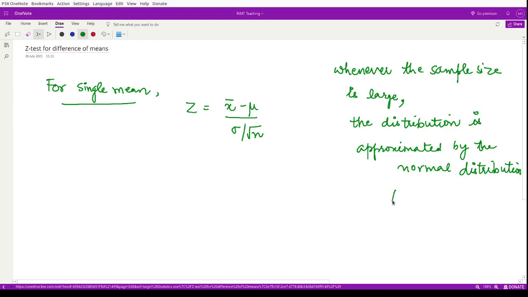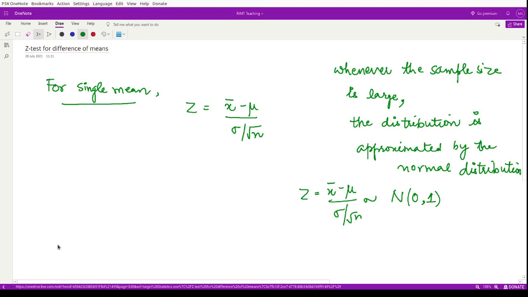Standard normal distribution having mean 0 and standard deviation as 1. So this is the notation. This z statistic, which is defined by this, is approximated by this standard normal distribution. This we have already studied.